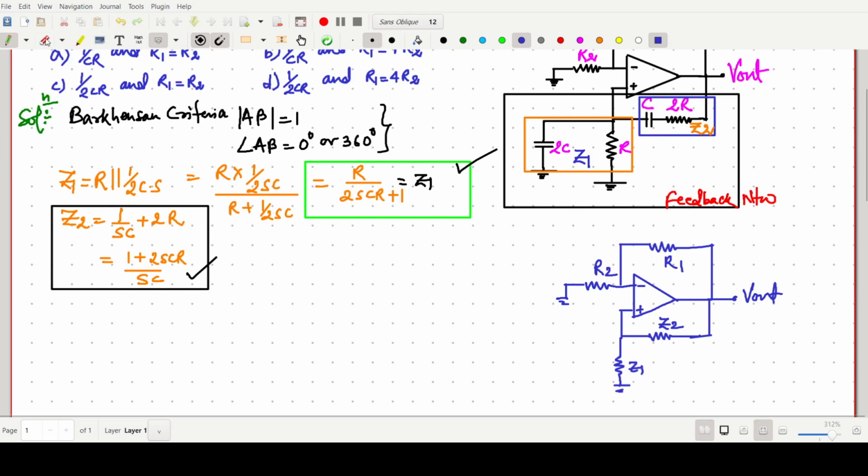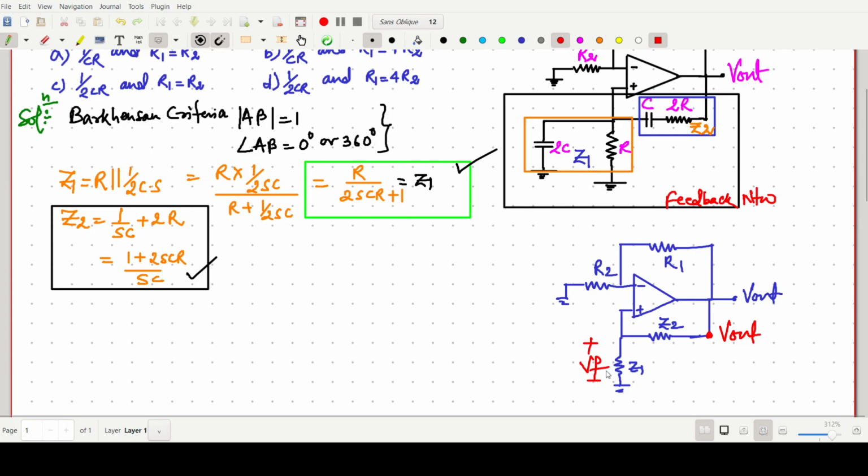The same circuit we have modified. Clear? Now this one is the feedback network and the other one is the amplifier network. So this voltage is our Vf, and this value is our Vout.